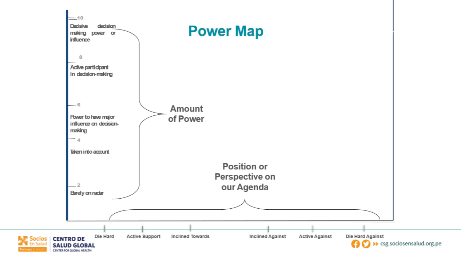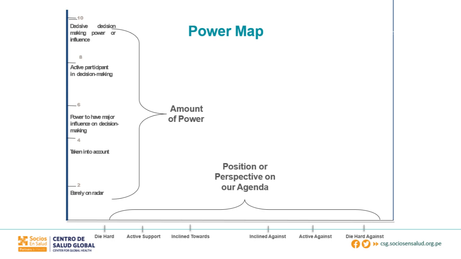Ultimately what you want to be doing is moving people who have power but are against your position, moving them basically from this top right part of the power map to the top left. It's really identifying who is in that top right or top center part of the map, and working out how to get them to cross to the left. That's ultimately the objective here.